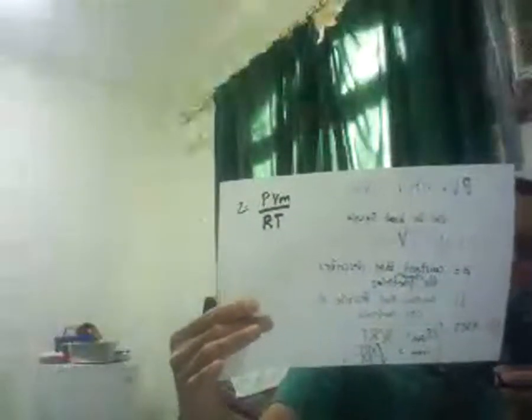Z equals pressure times the molar volume over the universal gas constant R times T. So we can now solve for the value of Z. Again, if Z is equal to 1, it is an ideal gas. If Z is not equal to 1, it is a real gas or a non-ideal gas. Be careful when using equations and formulas. You should first identify what type of gas it is. That's the tip and technique for you guys.